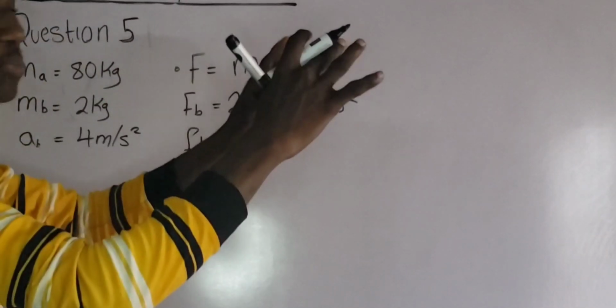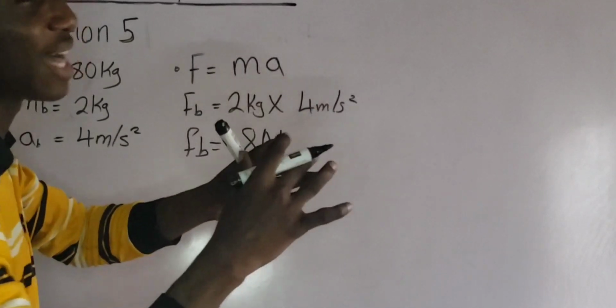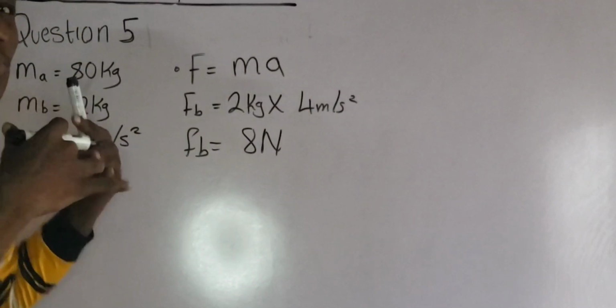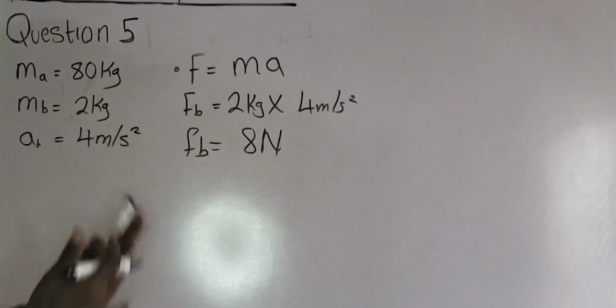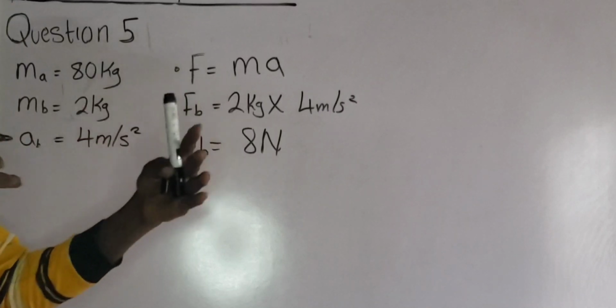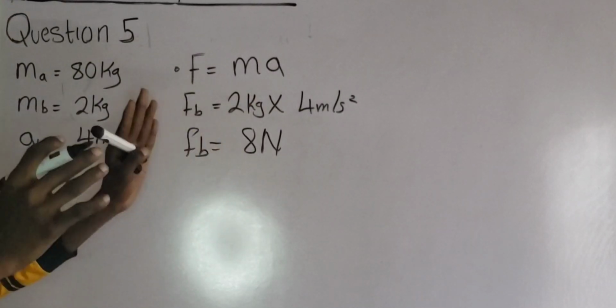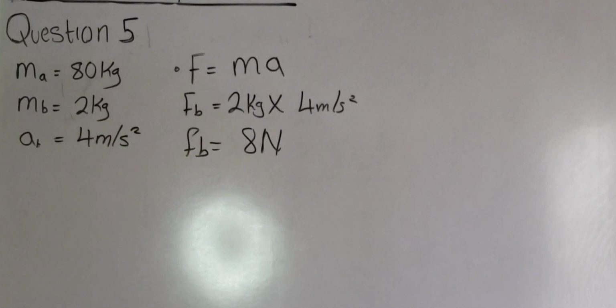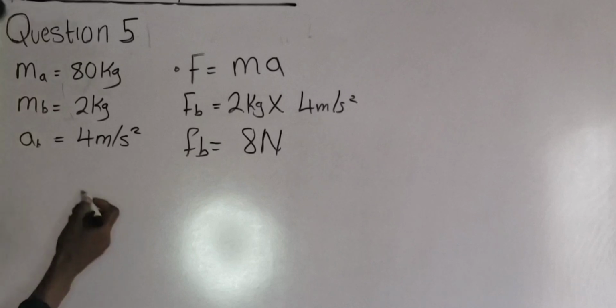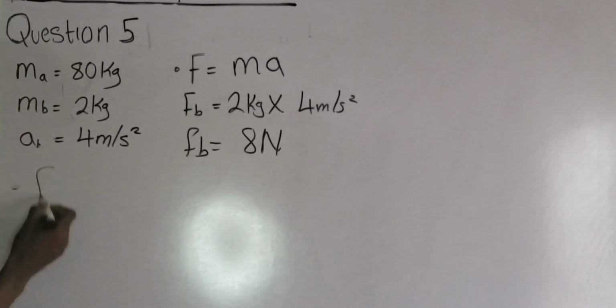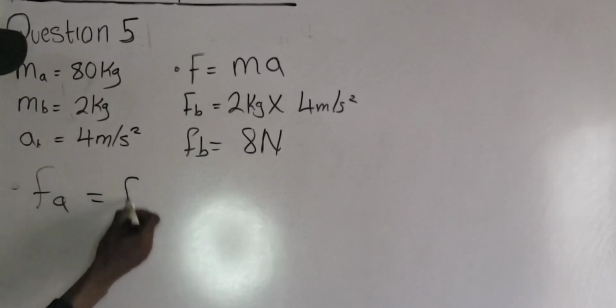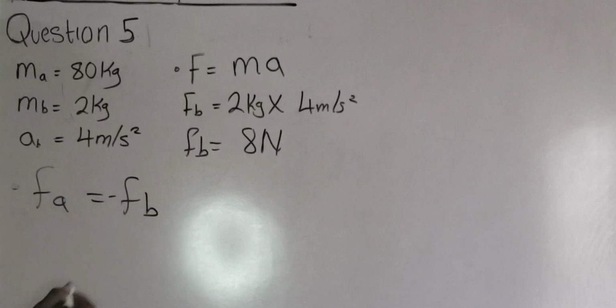That is, as this astronaut throws this box, that means the astronaut will feel the same but opposite force which he exerts on that box. So in that case, the force that the box exerts on the astronaut is what? According to that Newton's law, don't forget, we have something like Fa is equal to minus Fb.